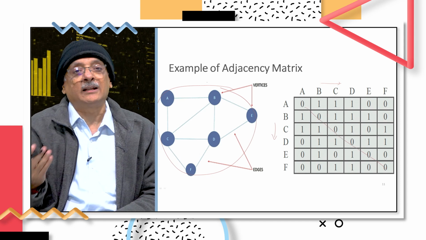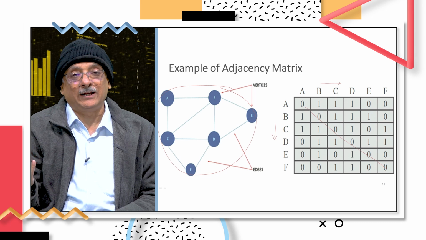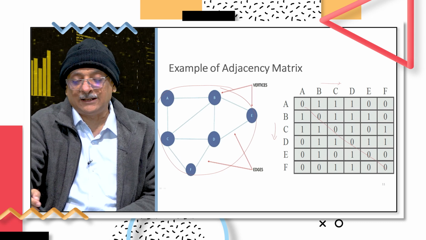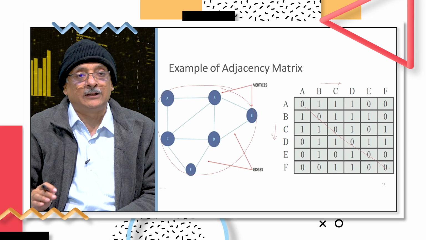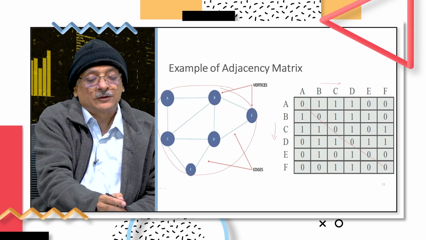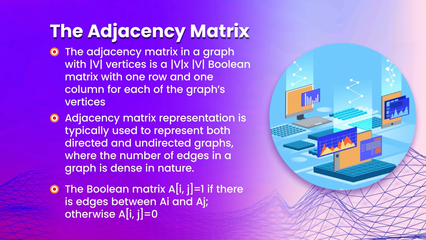Because we are not allowing self edges. If we allow self edges, then only the diagonal value will be 1. Otherwise, most of the time diagonal values are going to be 0. So, in the Boolean matrix, Aij is 1 if there is an edge between Ai and Aj node. Otherwise, Aij is 0.